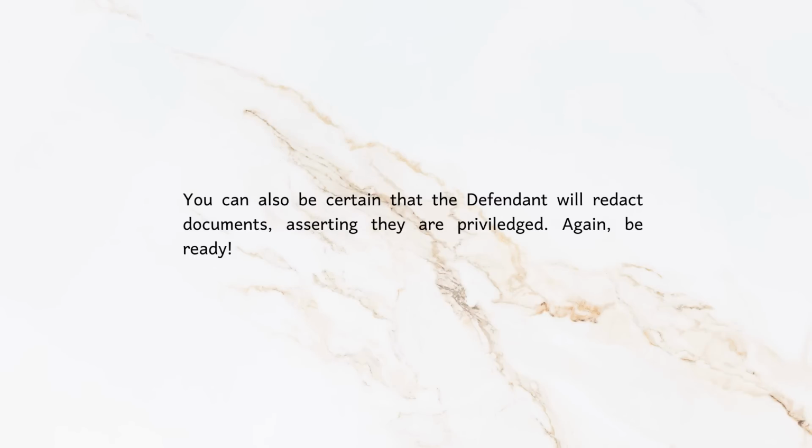You can also be certain, again, pro se, that the defendant will redact documents asserting they are privileged. Again, you really want to be ready for this because it can be sometimes draining, but you've got to deal with it. Okay, pro se, be ready.